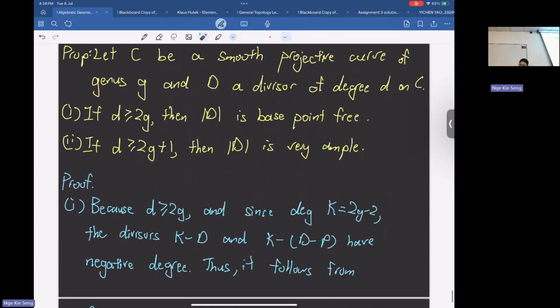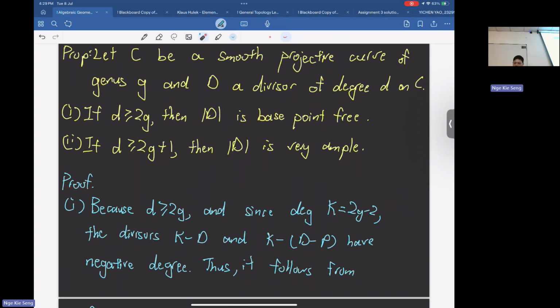Then the proposition: if C is a smooth projective curve of genus g, and D is a divisor of degree d, then, given the relation between the degree and the genus, if d is greater than or equal to 2g, then the linear system must be base point free.